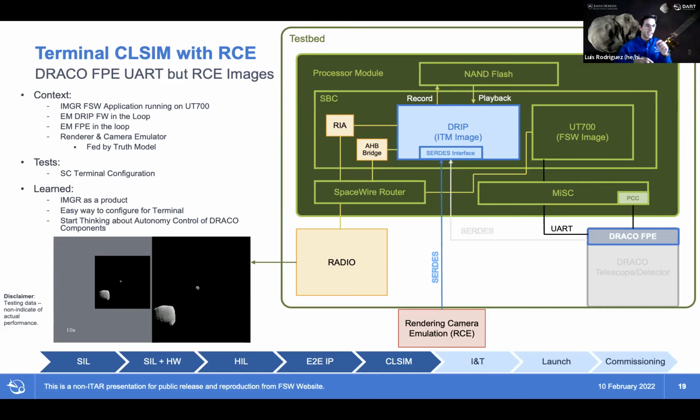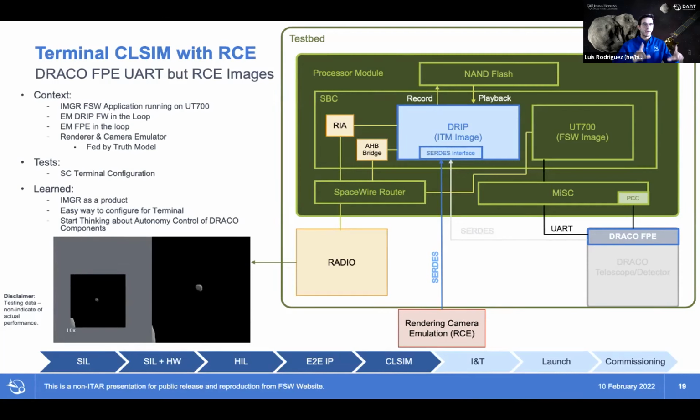So if we click, that's a video there on the lower left. If we can click play on that video, what we'll see is the DRACO image processor has the ability to download 1024 by 1024 images, as well as 512 by 512 images. So on the left, you see that bounding box jumping around as we approach Dimorphos, or this RCE generated Dimorphos.